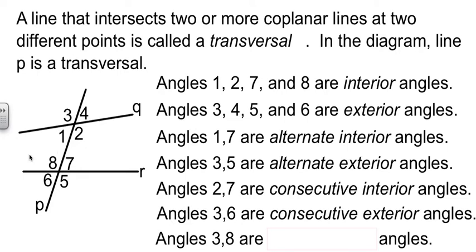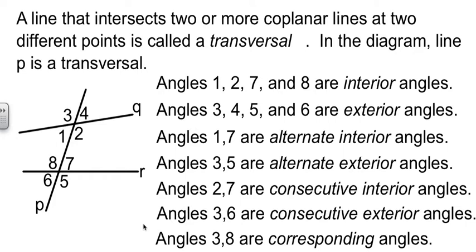They're both on the same side of the transversal. If you want to think of it this way, they're both in the upper left of each intersection. When they're in the same place in each intersection, we have a term we use called corresponding angles. They correspond to each other. They're in the same place.